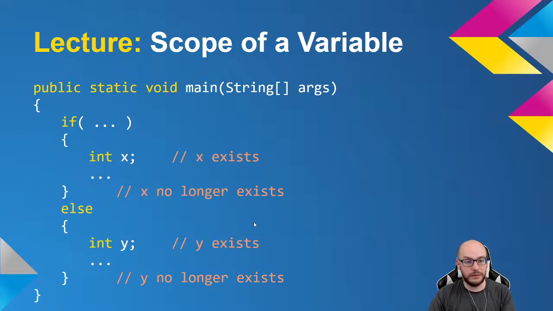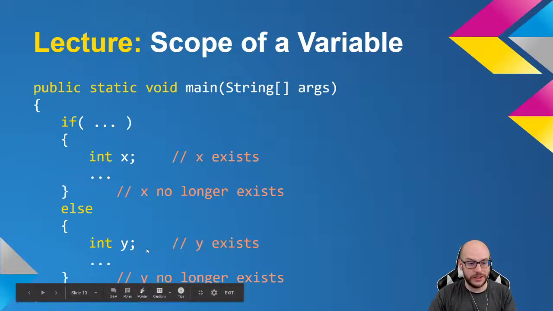Where this is kind of a big deal is if you try to access it. Right? Let's take a bigger look here. We have our if else statement. X is declared inside of the if statement. It only exists in the if statement. Inside my else, I have y, which exists, and it only exists inside of that else statement.